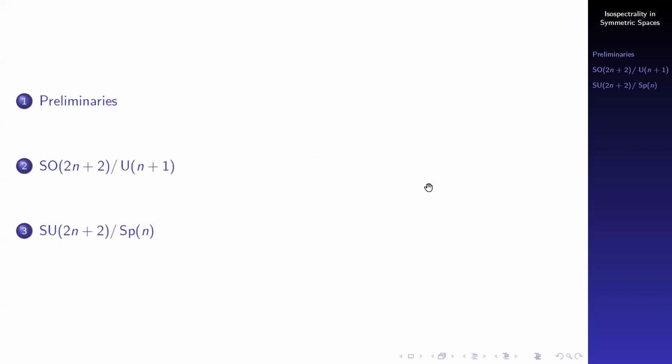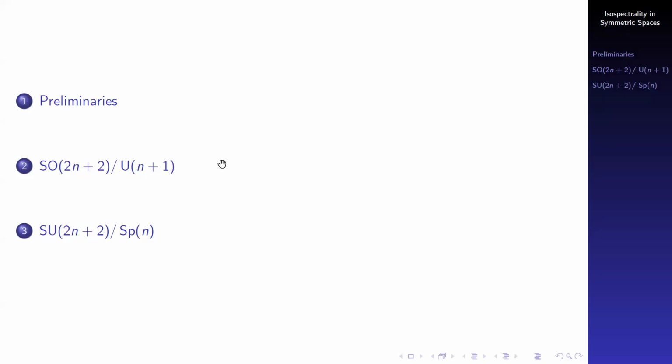So let's begin. First, I'm going to talk about the preliminaries, some results related with our result. We also are going to talk a little bit about homogeneous geometry. Then the idea is to define two families of metrics on manifolds.